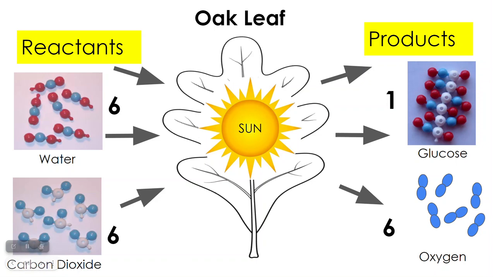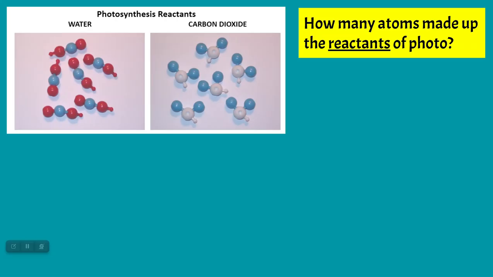And these numbers are important, just like the amounts you need when you are using a recipe to make cookies. All right, so the reactants, again, those are the things going in for photosynthesis. The reactants are water and carbon dioxide. Water goes in through the roots, and carbon dioxide goes in through the leaves. How many atoms made up the reactants in this photo? Well, we have 6 molecules, but remember that atoms are all of the individual atoms that are parts of each molecule.